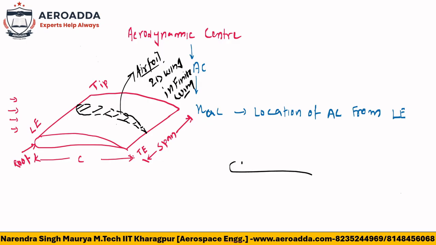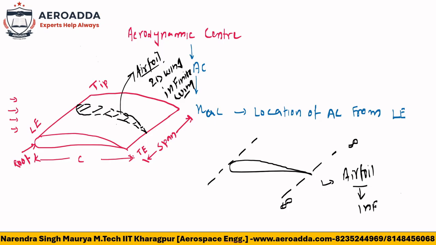Because if you take the cross section of the wing here, this is the airfoil, and if you see the span length here, the span is infinite. For that reason the airfoil is called an infinite wing, and it is considered a 2D wing. I hope it is clear to all.